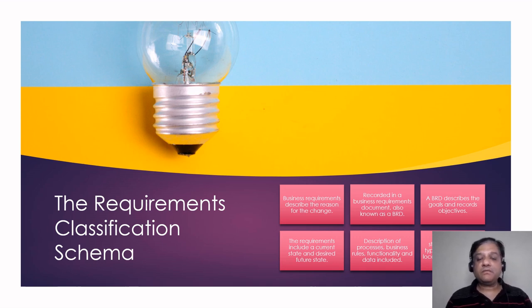Solution requirements describe the quantities, qualities, and capabilities of the solution that must be delivered. It's everything needed to create and implement the solution.